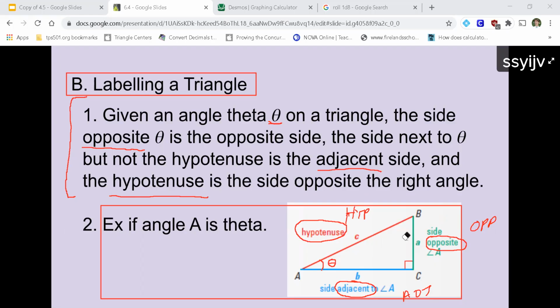So from now on, when I give you a triangle and I'll say label it for angle A or label it for angle B, or there might be a little theta in the diagram, label it for theta. You're going to use these three labels. You're going to tell me which is the opposite, which is the adjacent, and which is the hypotenuse.